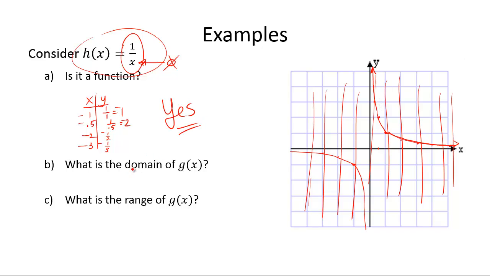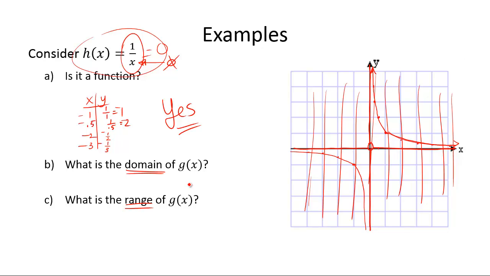However, there are restrictions on the domain and range. The domain, you'll notice, does not include 0. Neither does the range, because you can't actually make this equal to 0. It will never happen.